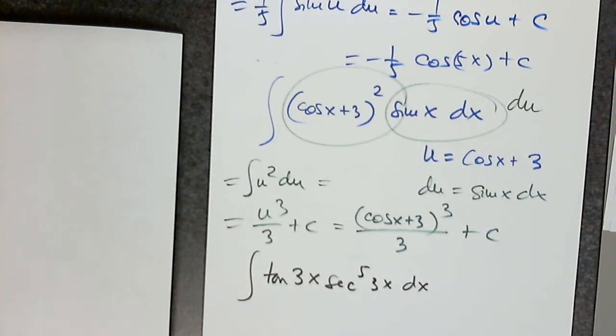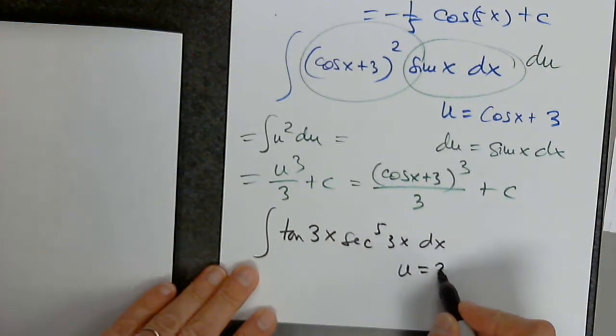Number two, I don't like that tangent and secant to the 5th power. So I will recommend taking it slowly. First, it is possible that we will have to use several substitutions. So I would recommend as the first substitution, get rid of 3x. That's the first thing. So let's say let u be 3x.